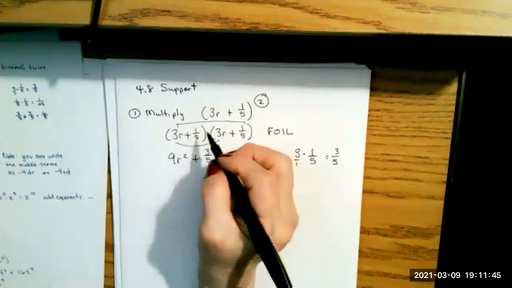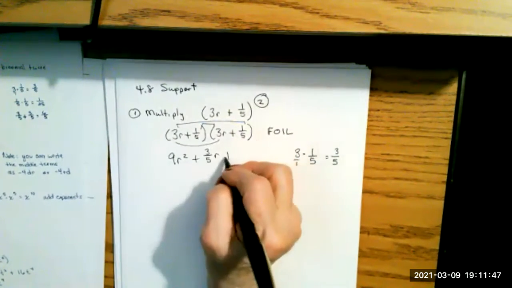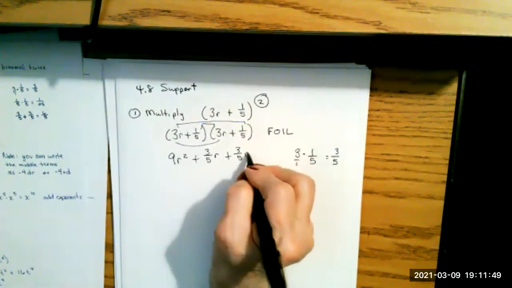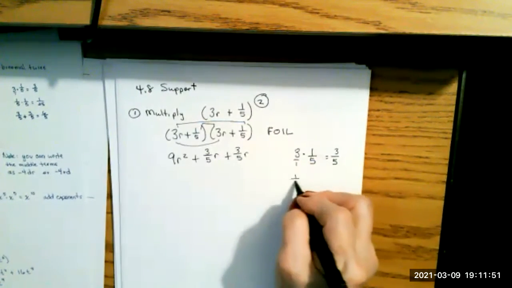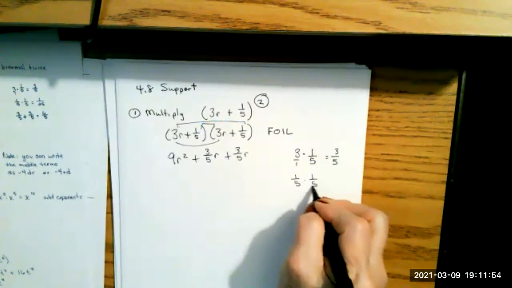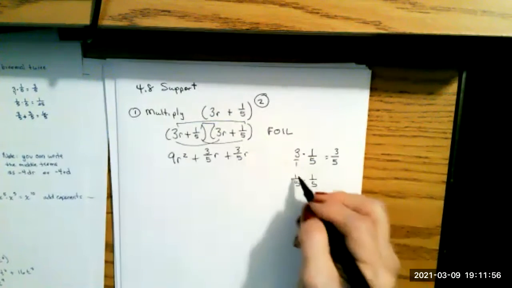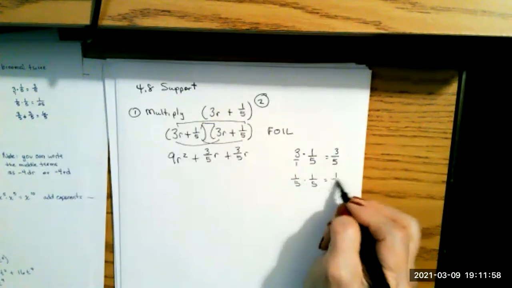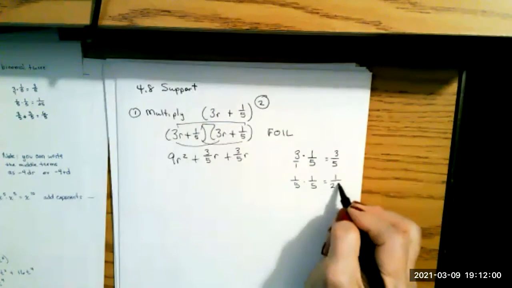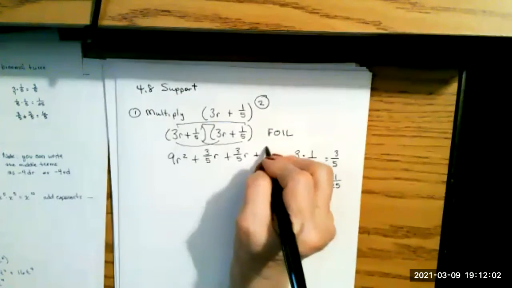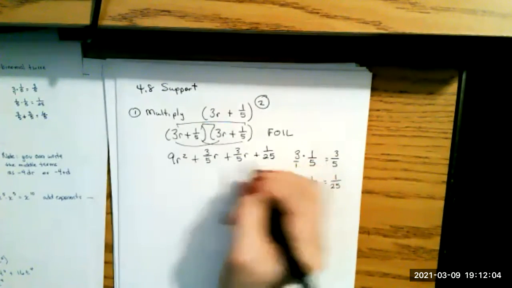So if that's true, then the inner one's going to be 3/5 r. And then the last is 1/5 times 1/5. 1 times 1 is 1. 5 times 5 is 25. So the last one is 1/25.